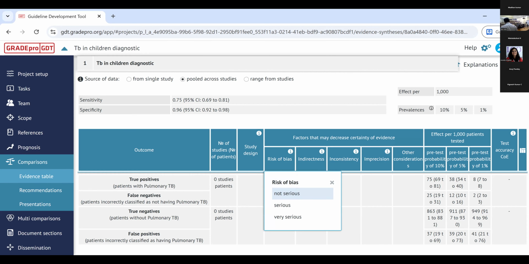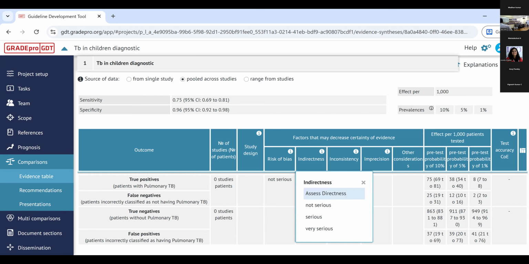So based on what we've discussed so far, what do we think the risk of bias is for the study? Not very serious. And the indirectness of the study. There are two ways to look at it. One way of looking at indirectness is, if we're just looking at the outcome of the diagnostic test versus the reference standard, it is pretty direct.